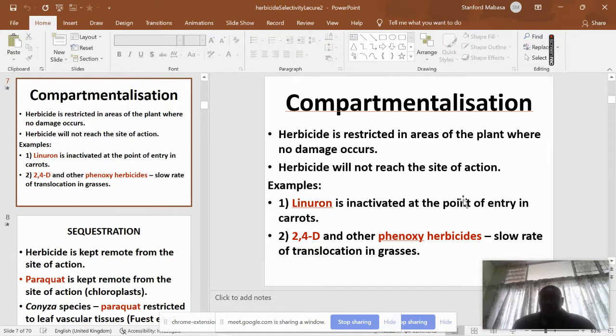The example we have is linuron, which is used to kill weeds. In carrots, in Zimbabwe, we can use linuron. Now, in carrots, the herbicide is activated at the point of entry. That's how carrots can escape this herbicide.